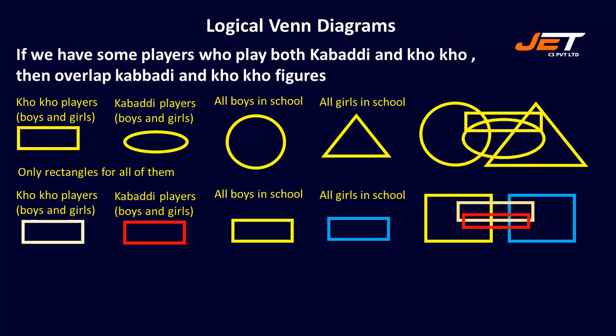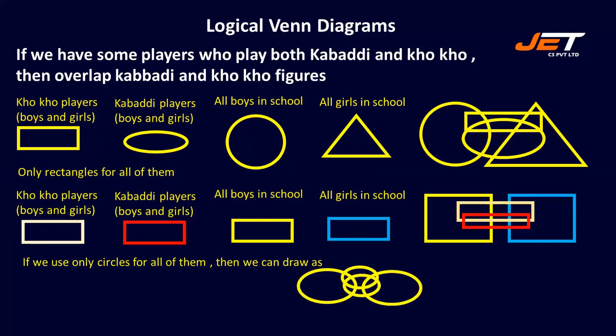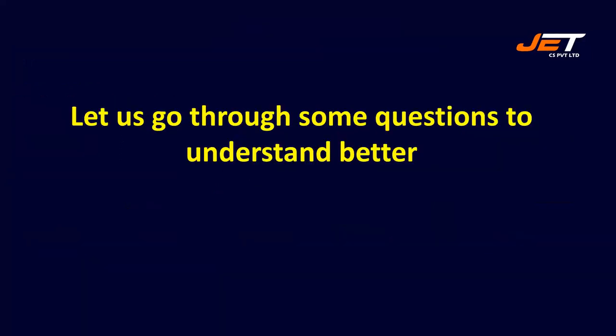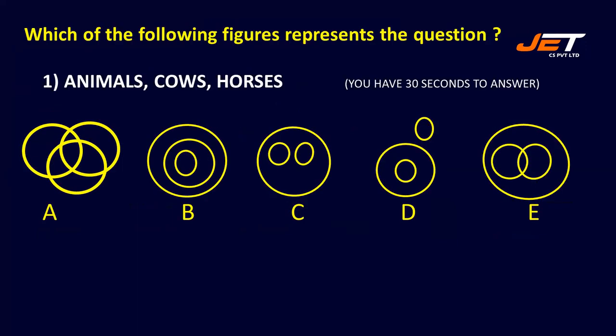The overlapping has been done between the boys and girls, between both the games. If we use only circles for all of them, then we can draw like this, how it is represented in the figures. Right. With this, let us go through some questions to understand the concept much better.